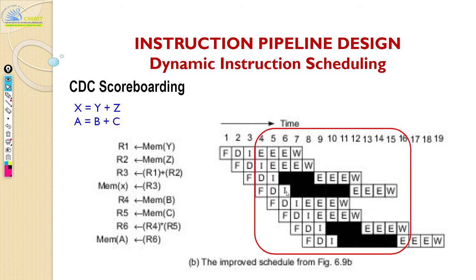You may get it issued at this point in time, but your execute may begin at stage 12 because it's completely dynamic. You may have the functional unit ready and then start executing right away. So it's a completely dynamic scheme, but even after issue you may not execute because you're waiting for the scoreboard to say, okay, now you're ready to execute. So this also takes 13 cycles.